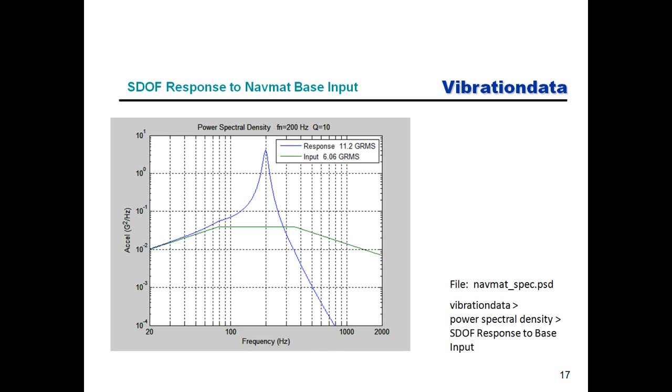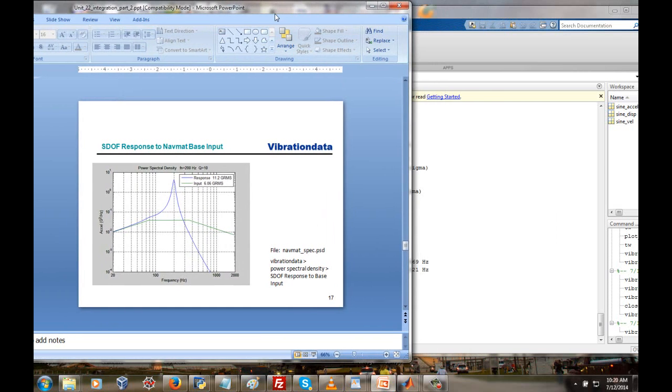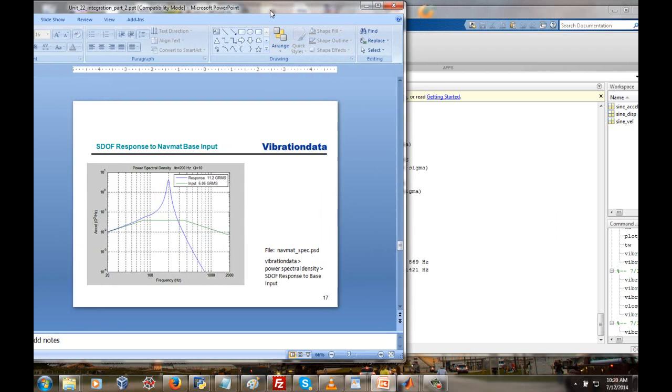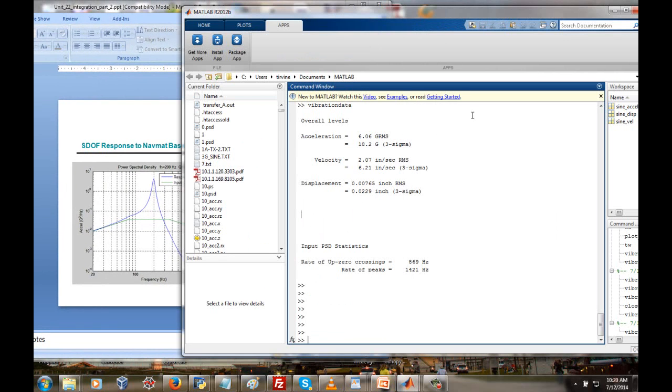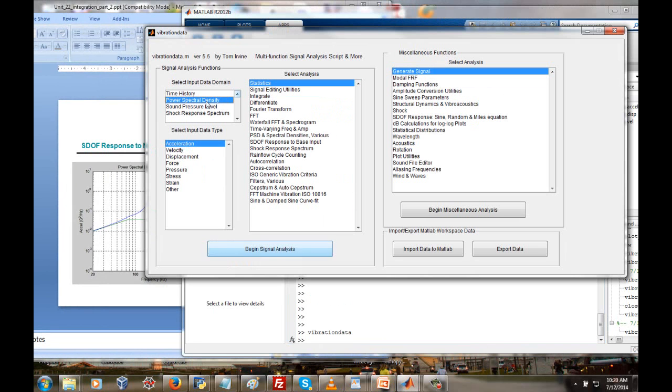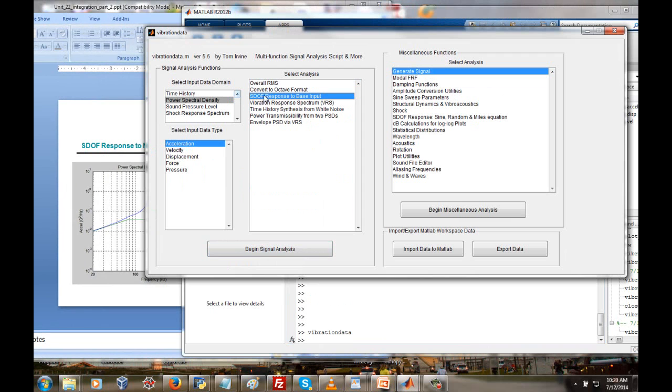Okay, let's do something a little more fun, and let's take a look at a single degree of freedom response to the Navmat base input. This is going to be in part just something we've done before, but we're going to add a few things to it. So let's go to a PSD input, single degree of freedom response to that base input.